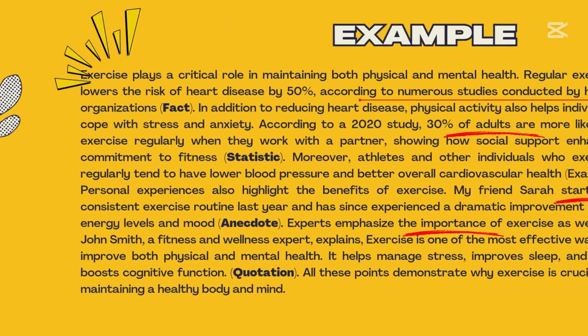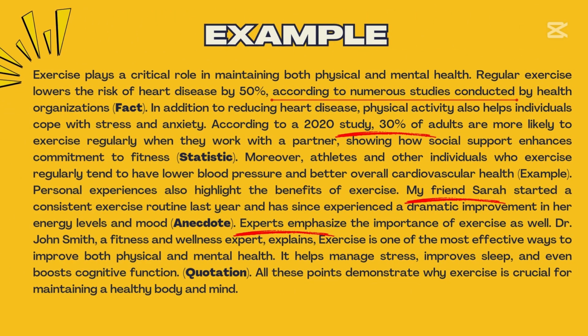Okay, so this is an example text that I will show you, what is fact and the types of supporting ideas. In this one the main idea is that exercise is essential for maintaining both physical and mental health. Okay, let's read it first together. Exercise plays a critical role in maintaining both physical and mental health. Regular exercise lowers the risk of heart disease by 50%, according to numerous studies conducted by health organizations.